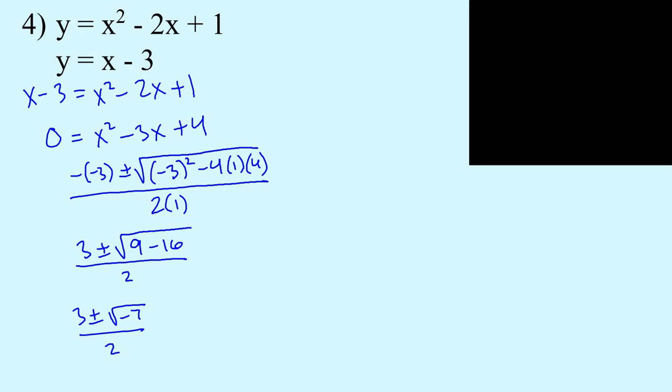Any bells and whistles going off? What's happening? We've got 2 solutions. However, the square root of a negative means we have i. Well, i is imaginary. I'm writing it down because we need to have this memorized, and the more times I say it in Algebra 2, I hope it sticks, because this is going to keep popping up until the end of your senior year.